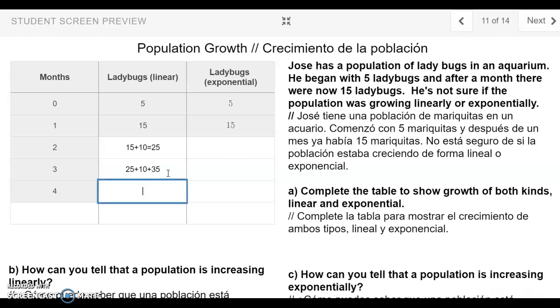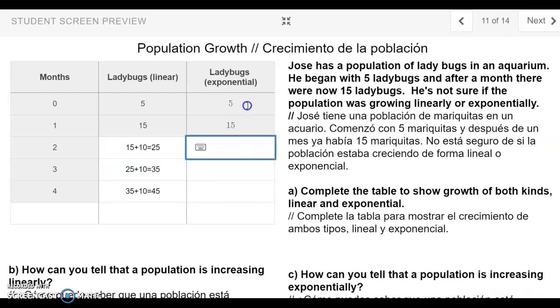Add 10 again, oh, that should be an equal sign, and we end up with how much in 4 months, right? We get 35 plus 10 is what? 45. So did you get 25, 35, and 45? Right? It's going up by 10. That is a linear growth pattern.